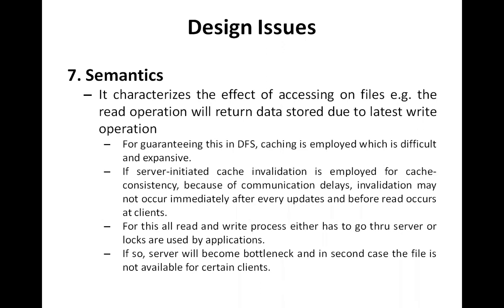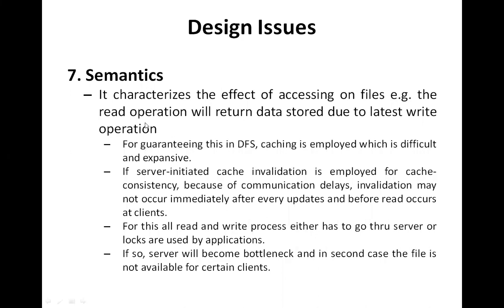Semantics of a file system characterize the effect of how files are accessed. The basic semantics, which is easily understood and easy to handle, is that a read operation returns the data stored by the latest write operation.